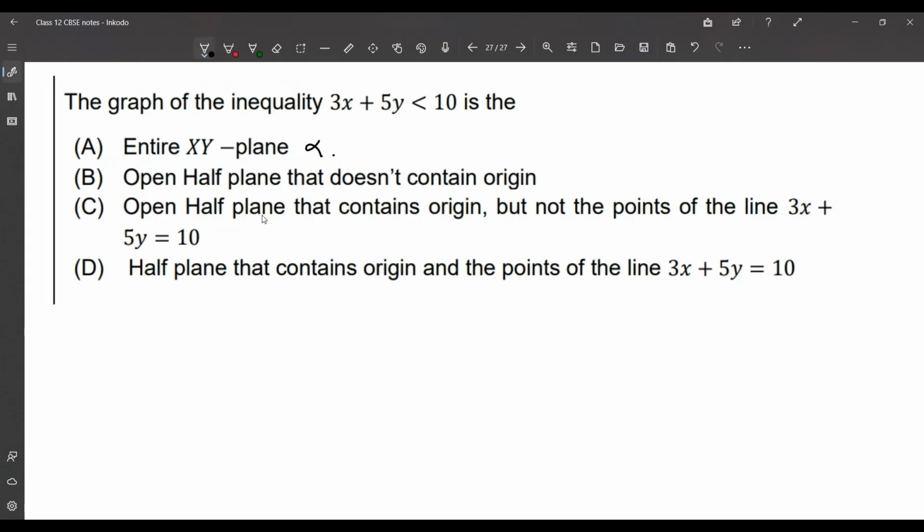We'll plot this. 3x plus 5y is less than 10. So if x is 0, y becomes 2. If y is 0, x becomes 10 by 3. Then x becomes 10 by 3 and y becomes 2.